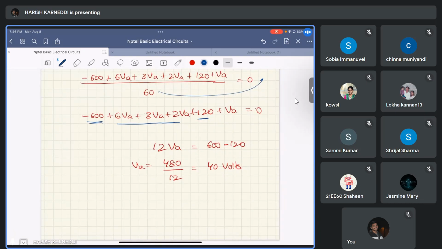So I1 equal to IB. What is that IB? That is VA by 10. Here VA equal to 40, so 40 by 10 is 4 amperes.